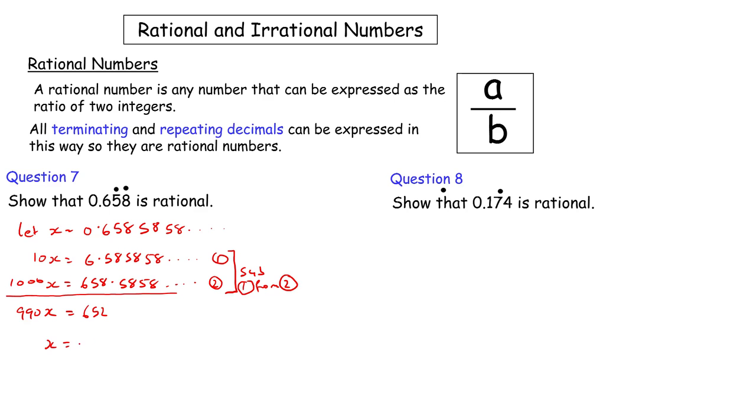So x is going to be equal to 652 divided by 990, and I think 2 goes into both of those. We got 326 divided by 495. It's a fraction, so the implication then is that 0.658 recurring is rational.